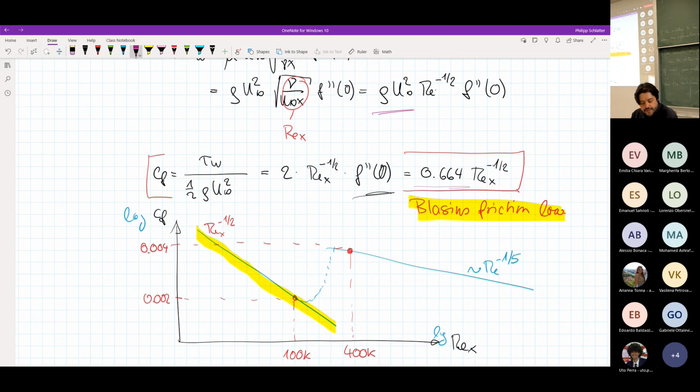So this indicates that there is some connection between the momentum loss thickness, theta, and the friction. And of course, this connection is not just a coincidence.